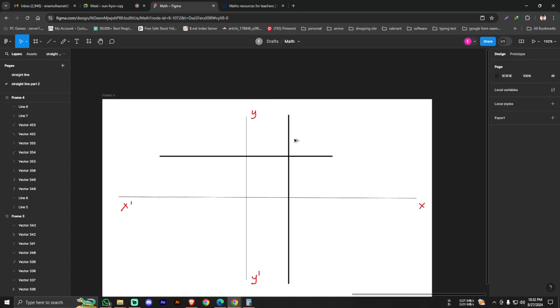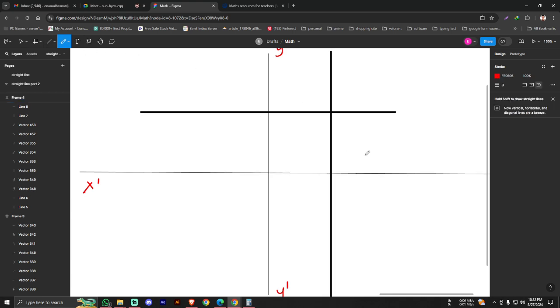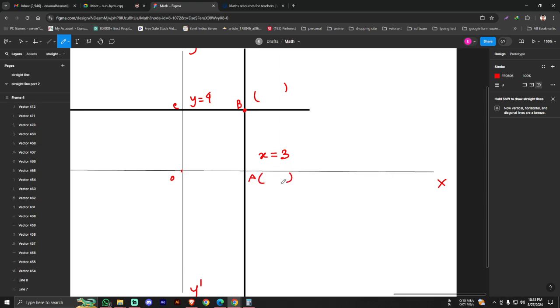Now I tell you that this is x equal to 3, and this is y equal to 4. Now I tell you to find the intersecting point here. What is the coordinate of the intersecting point? Suppose I've given you the points O, A, B, C. I tell you to find the coordinates of each of the points.